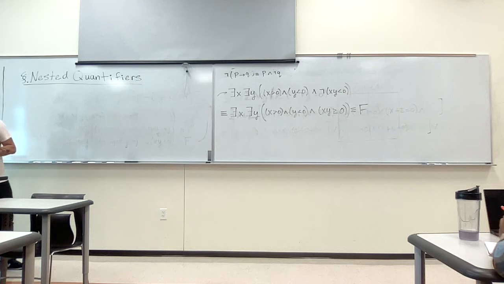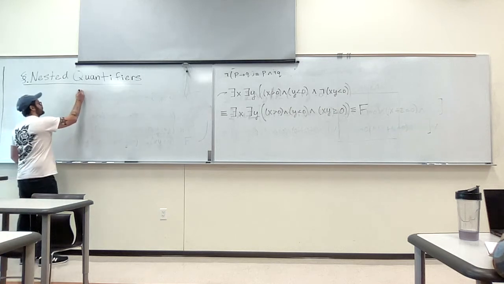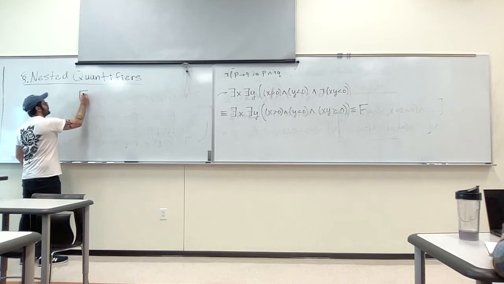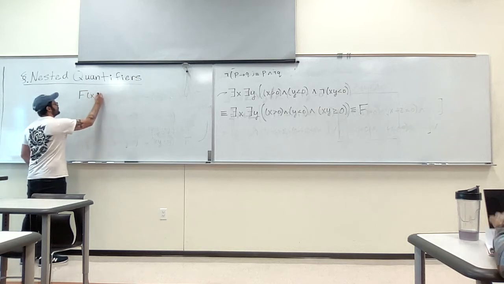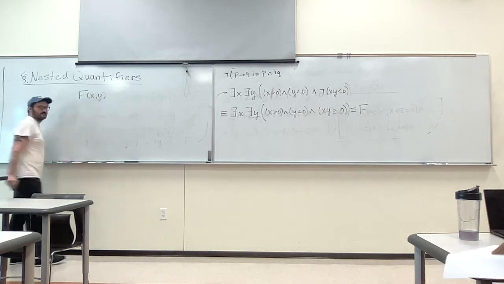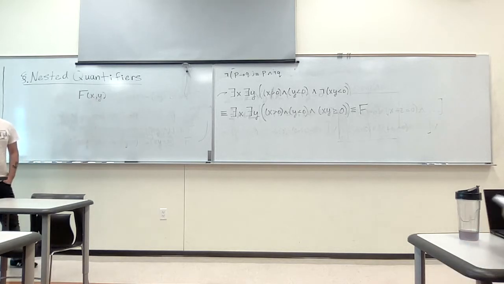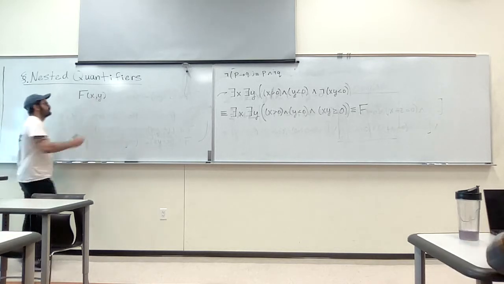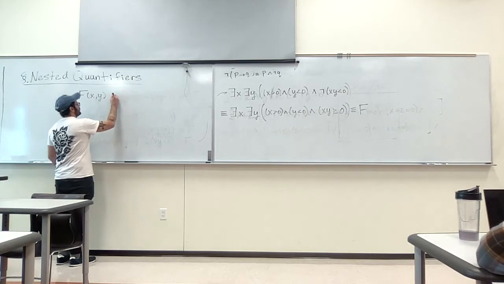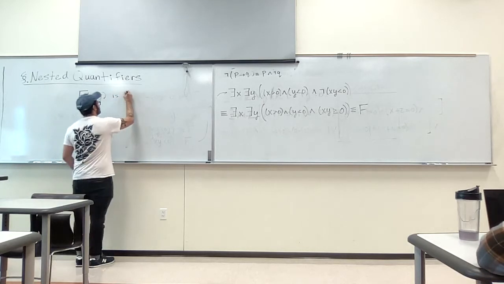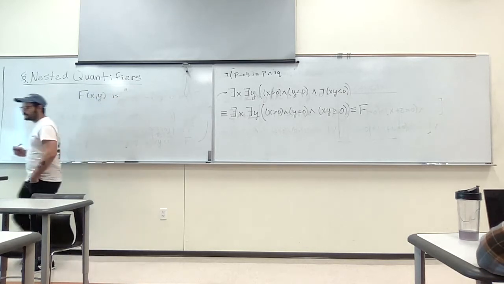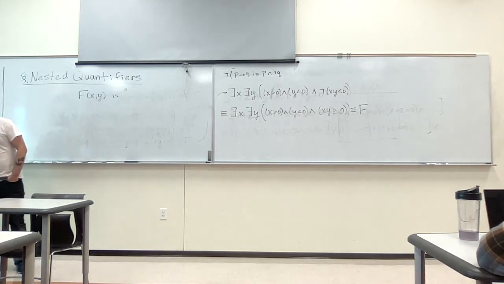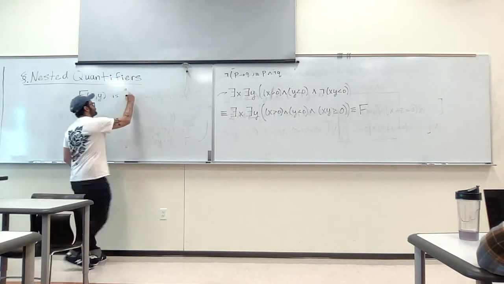All right, so let's pretend we're getting ready to take a law exam of discrete. So F(x, y) is: x and y are friends.